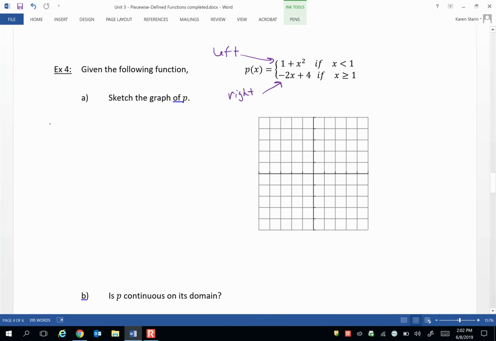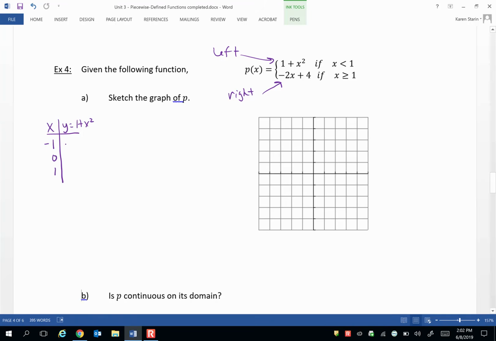So if I'm looking at the parabola side of this piecewise function, y equals 1 plus x squared, I'm going to choose maybe 3 points, including the boundary point of x equals 1, where I know I'll have a hole. So I would start maybe at x equals negative 1, 0, and 1. And I plug in these values.